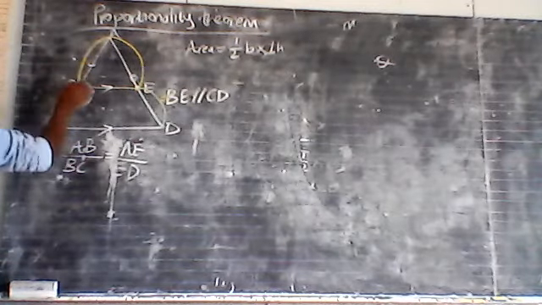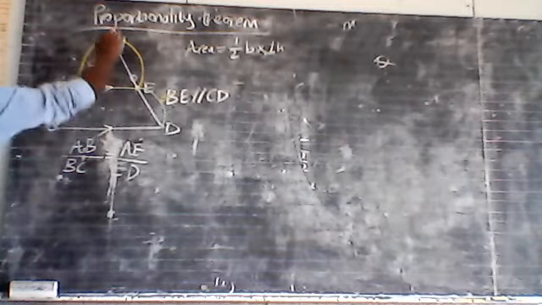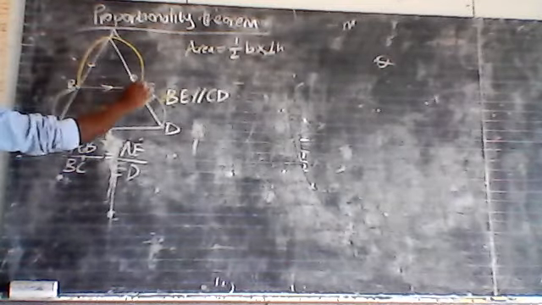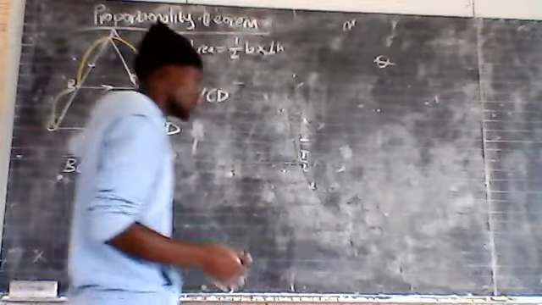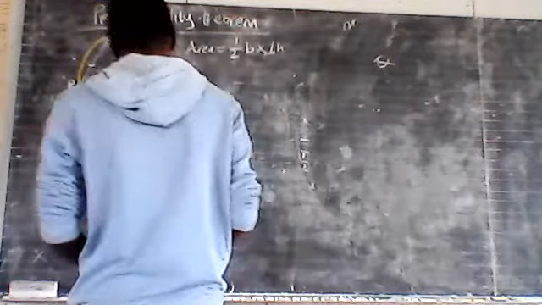So I've said AB divided by BC on the left hand side. On the right hand side, I said it was AE divided by ED. So you have to be careful about how you pick out the sides that you are saying correspond.